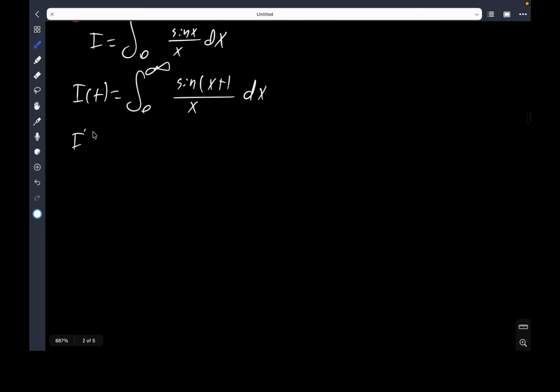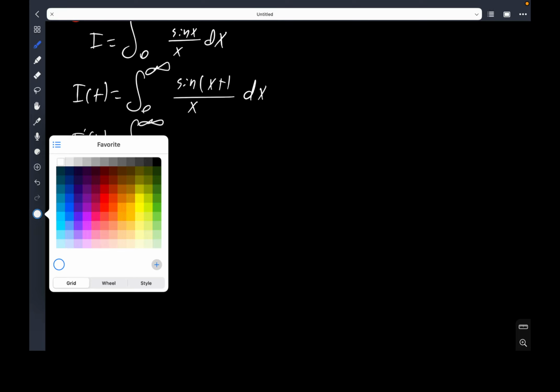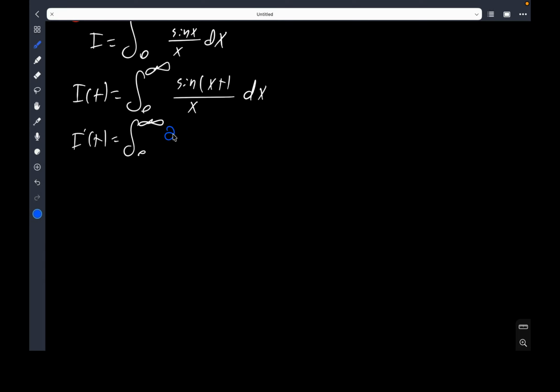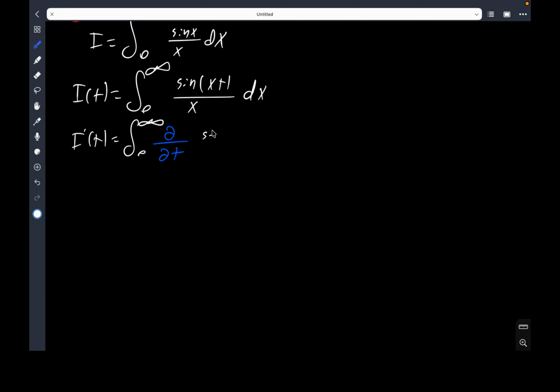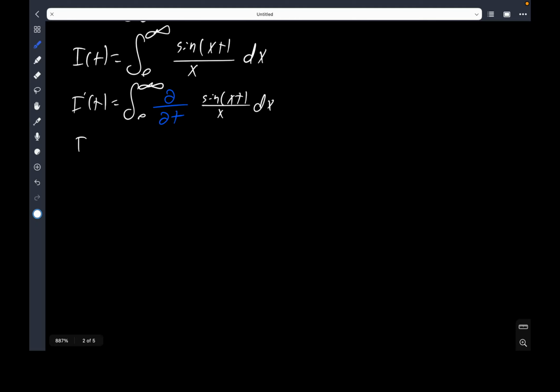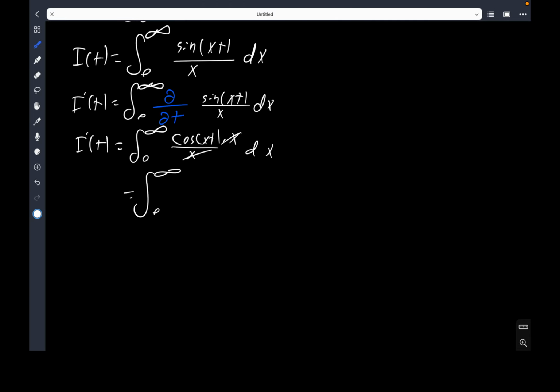And if I differentiate, I'm going to have a partial derivative with respect to t of sine of xt over x dx, which means that my I prime of t would be the integral from 0 to infinity of cosine of xt over x times x dx. And my integral would be 0 to infinity of cosine xt dx.